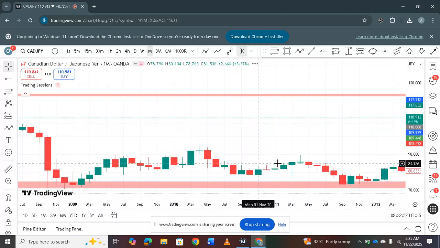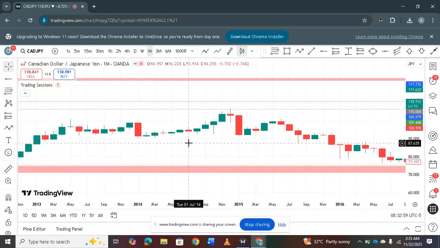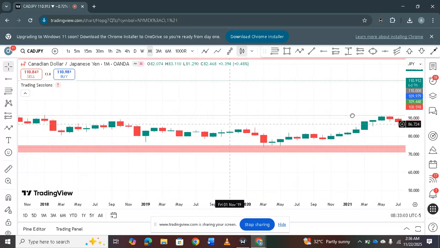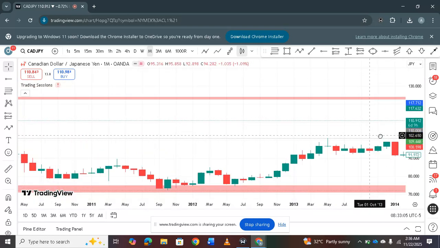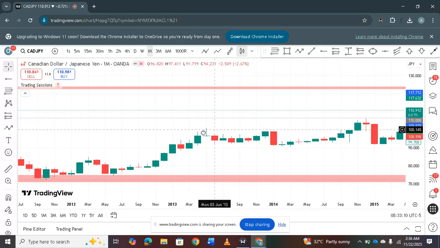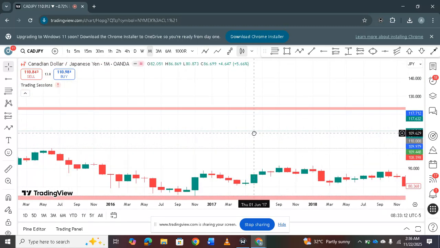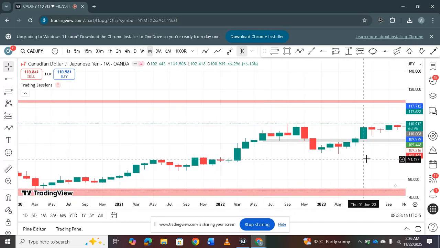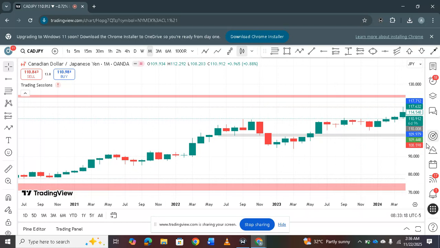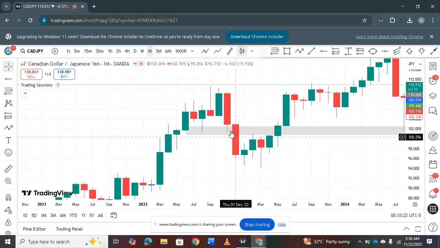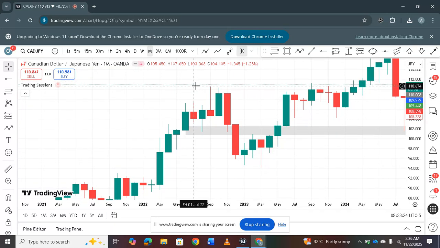So if I go on the monthly time frame, everything will be very clear to us. If you come to the monthly time frame, you could see there that this was never a higher high, this was an equal high.